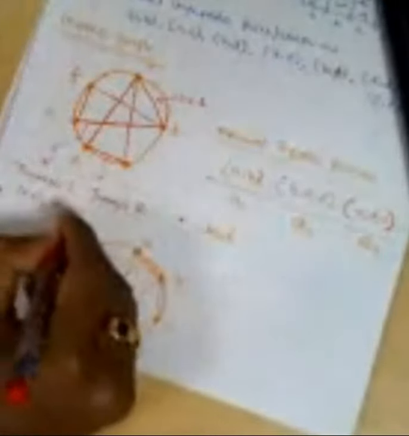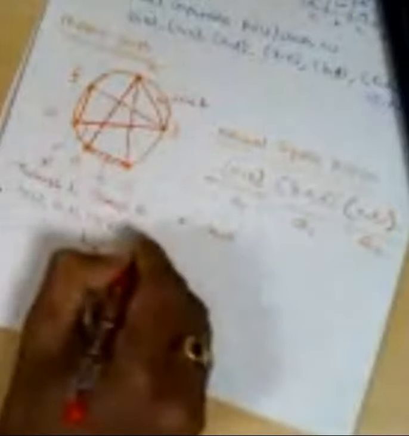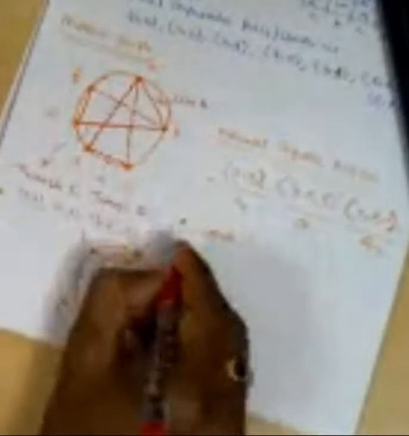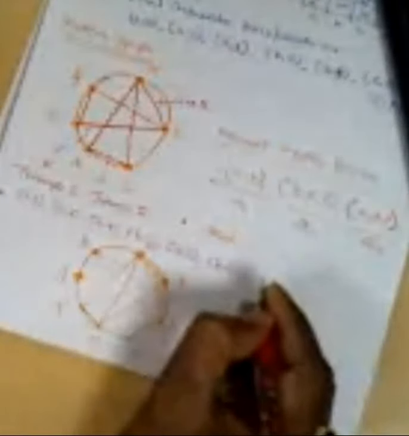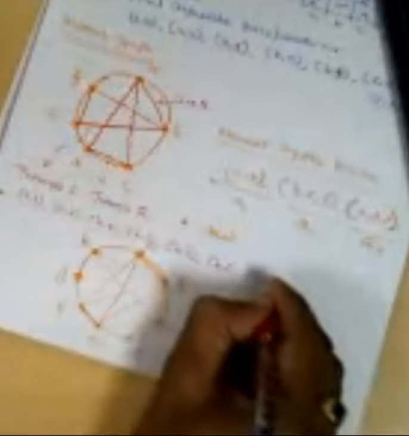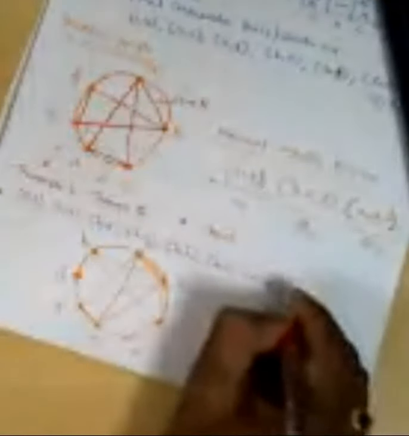A comma B, A comma F, B comma E, B comma C, B comma H, B comma F, C comma D, C comma H, A comma E, E comma F, and then G. Right?